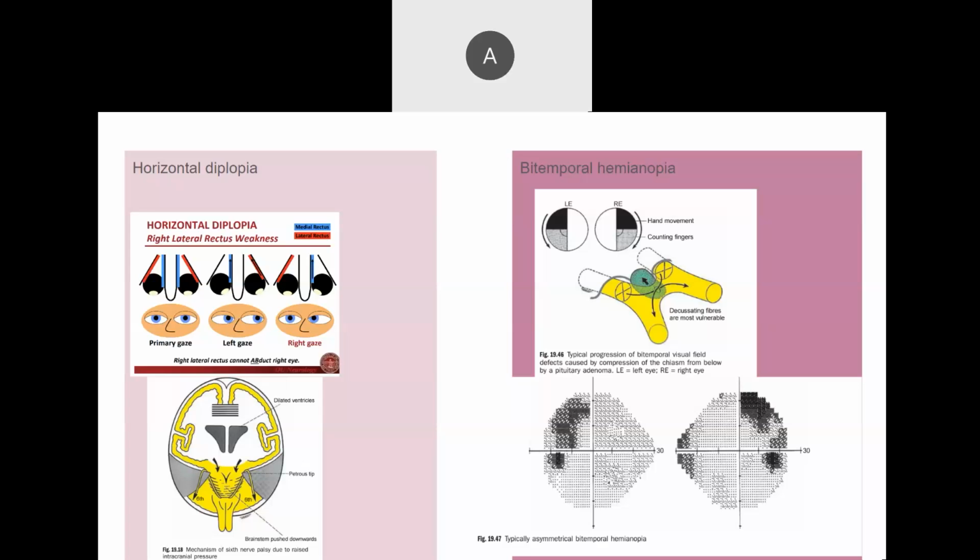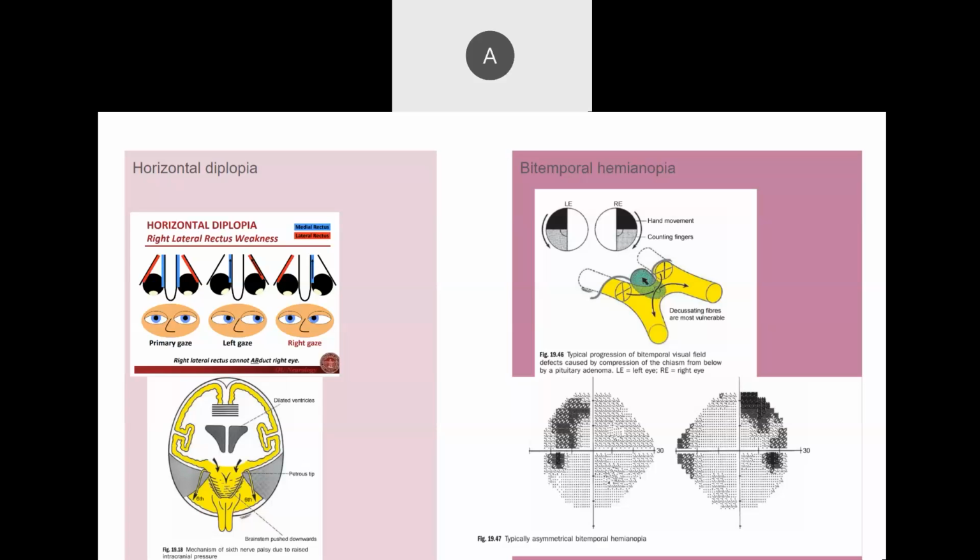When you have a mass in your brain, it causes your intracranial pressure to rise. The sixth nerve is special because it has the longest course from the brainstem to the eye. At a certain area it gets compressed. Which area?